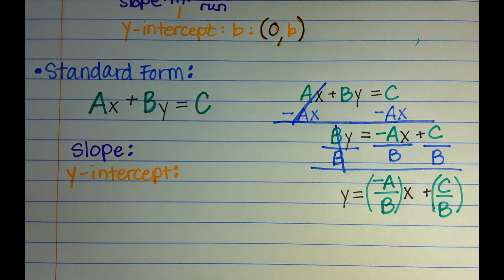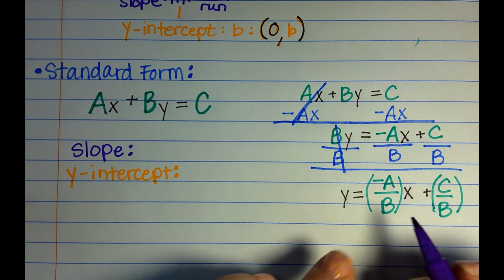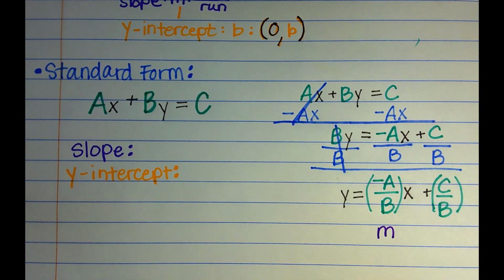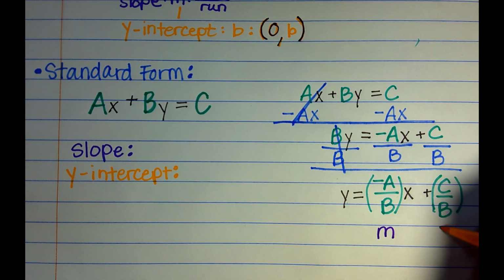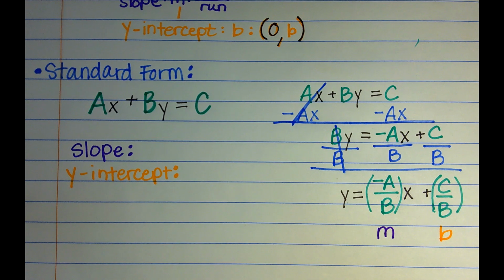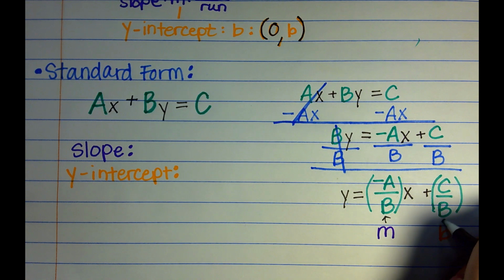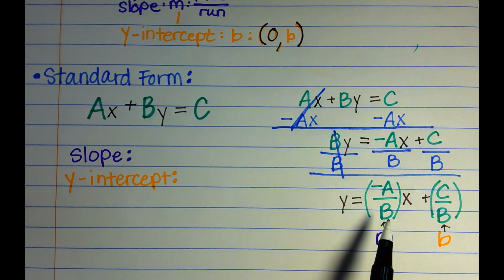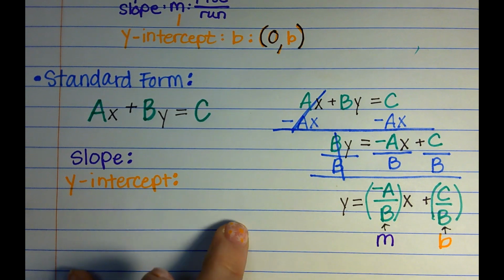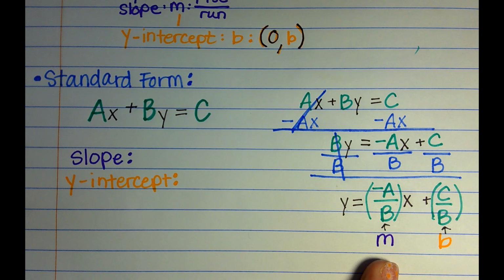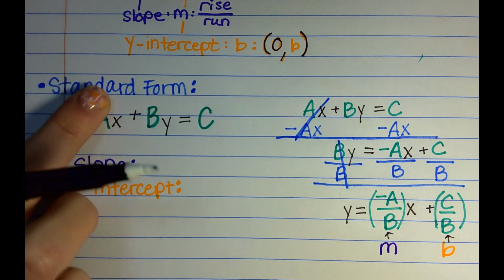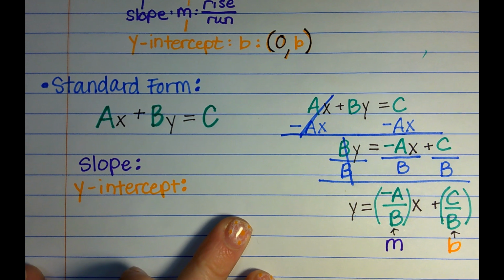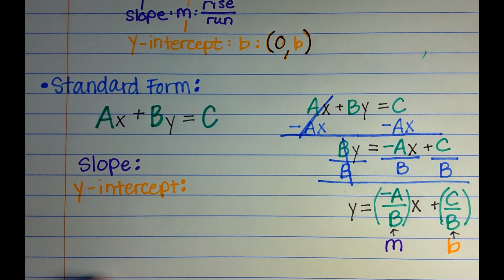So here's what we can conclude from this. Here's my M. Here's my B, right? So if negative A over B is in the same place that M, or slope, is, then when I have an equation in standard form, what letters would I use to find slope?